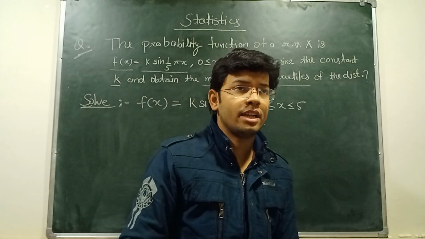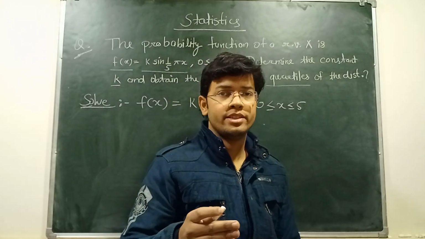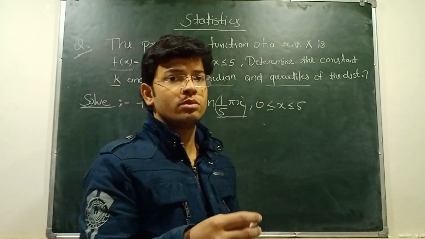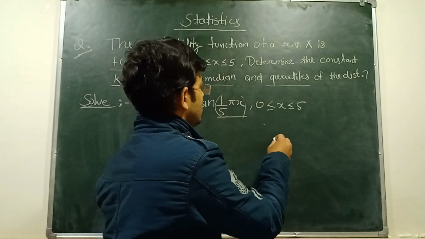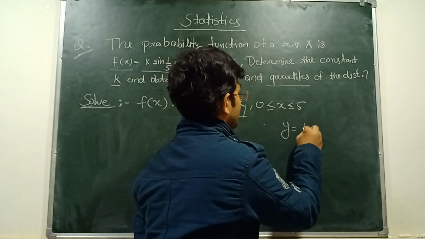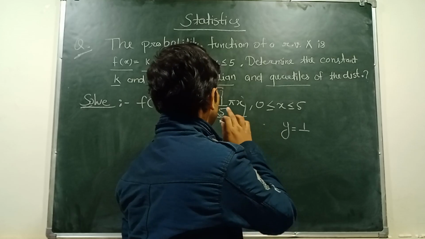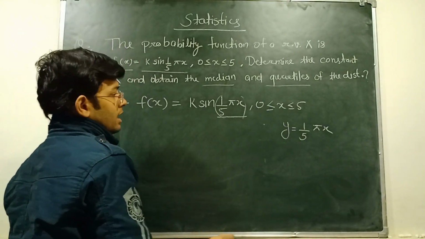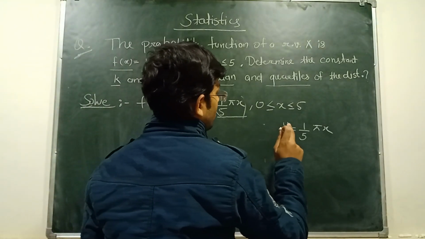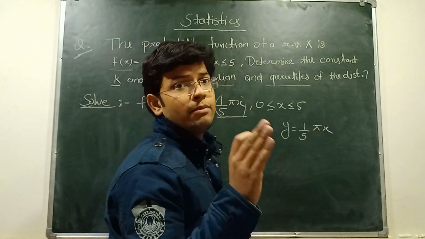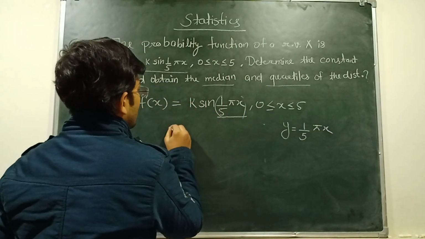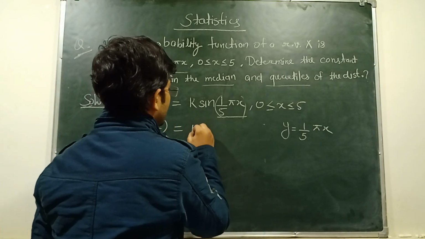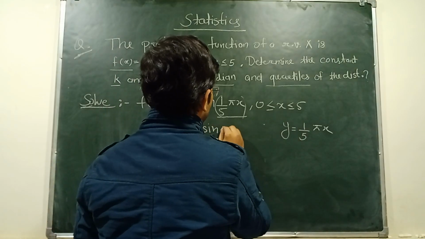This is not integrable under the limits, so we have to change the limits and also this term. So we suppose that y is equal to 1/5 πx. So in this case, when we put y in place of 1/5 πx, we will get k sin y.